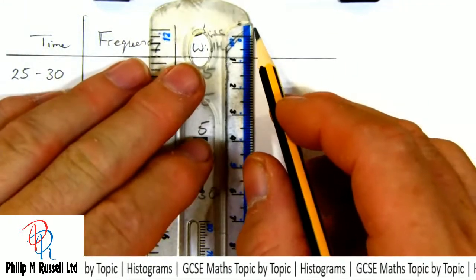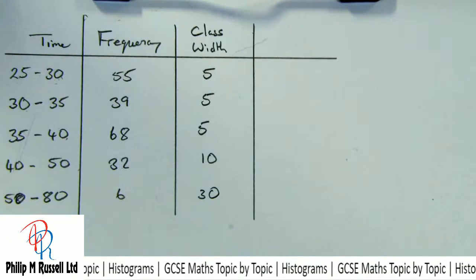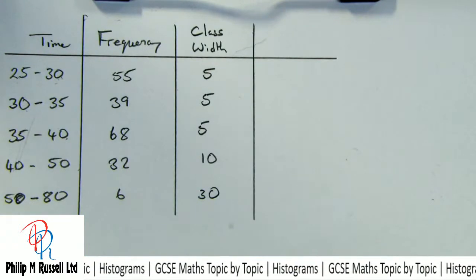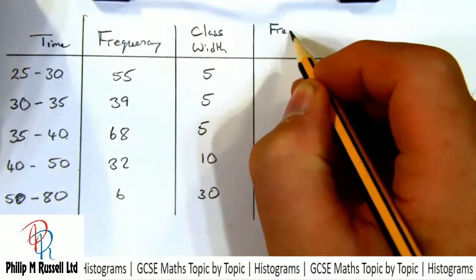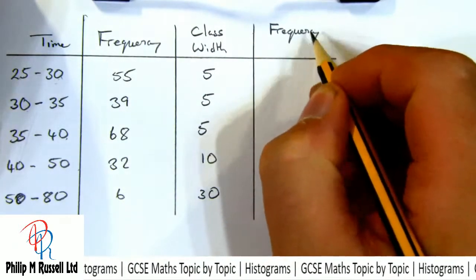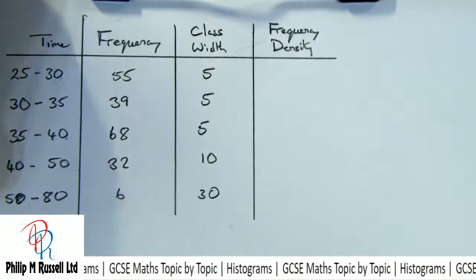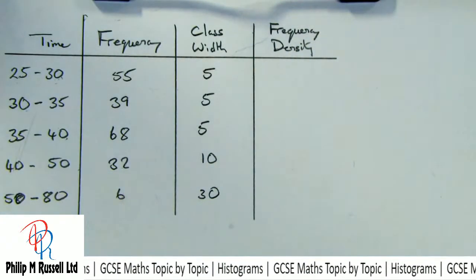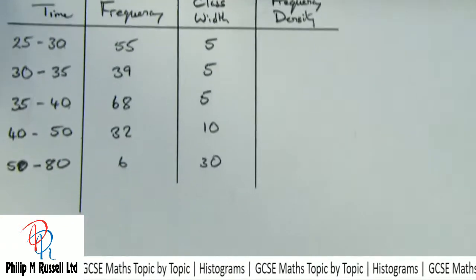Having drawn in our class width, our next one we need to try and do is work out something which is called our frequency density. So let's have a little look at what frequency density is.